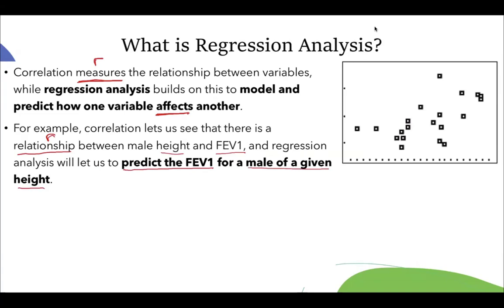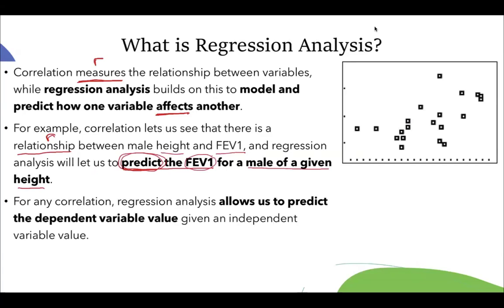So we only have 20 men in this sample, but if we use our sample data to create a model for prediction, we could use that model on any male by plugging in the male's height and getting out a predicted FEV1.